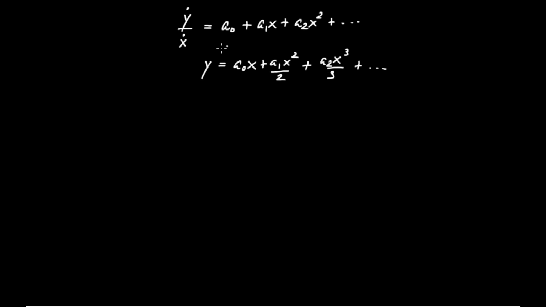And then, of course, I should tack on this additional constant of integration here. Hopefully you can see that this is very easy. It's always easy to find the antiderivative and a derivative of a power series.